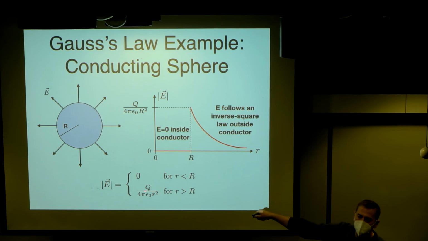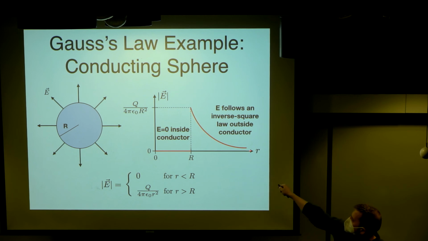It's a 1 over r squared type thing. If you plot a 1 over r squared dependence, it looks like this. It's a line which is actually curved and approaching 0 as r gets bigger. And that's our inverse square law. So there's kind of a disconnect, actually, in the E field. We're at 0, and then we suddenly jump up to here, and then follow an inverse square law going down.